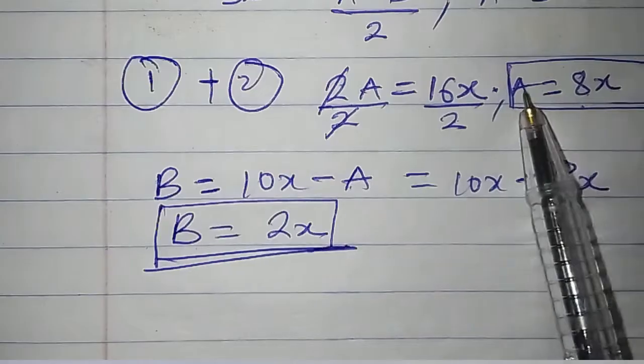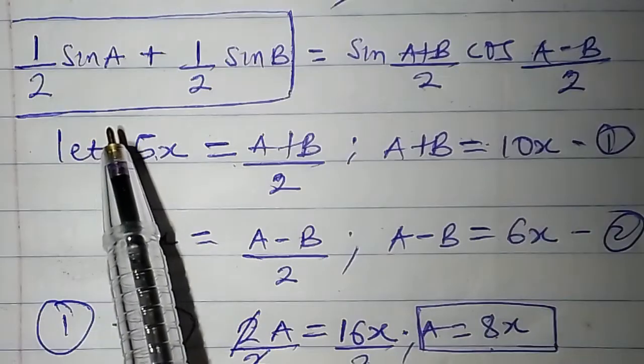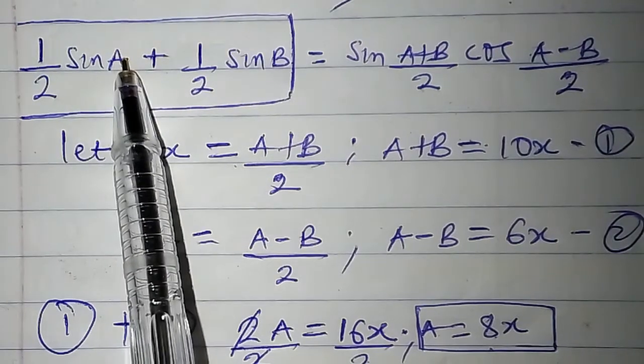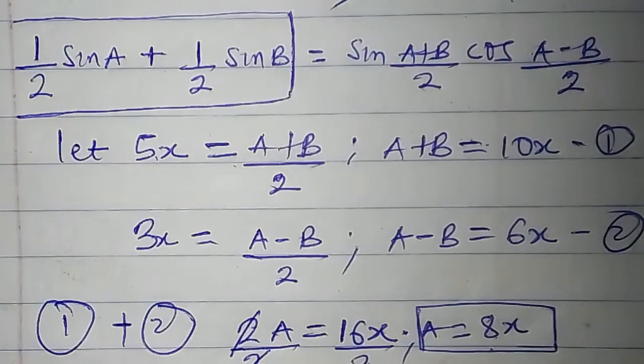Now that we have gotten A and B in terms of x, what we will do now is to substitute. In place of A, we write 8x. In place of B, we write 2x. Remember, A is 8x, B is 2x.